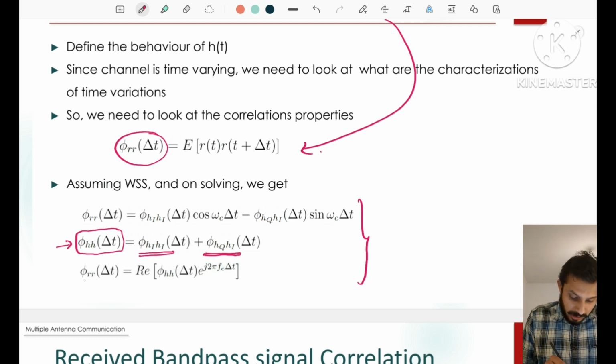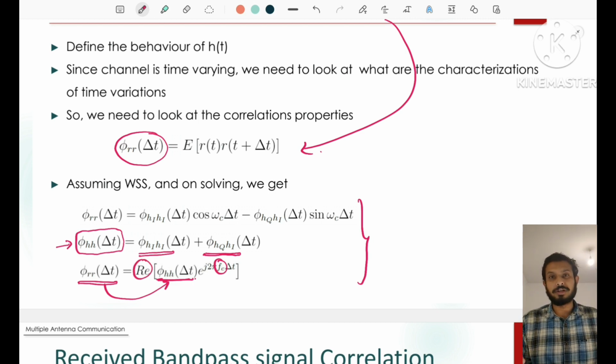And also the correlation of the received signal with itself is related to the correlation of the channel through the carrier frequency and real part of it.